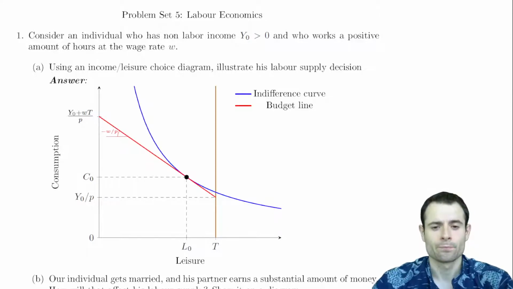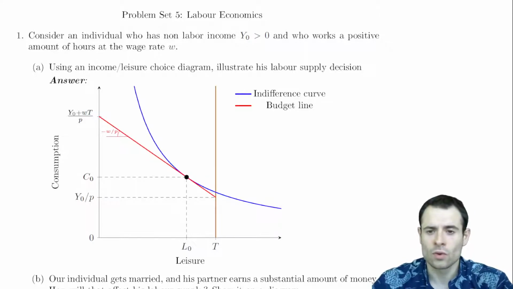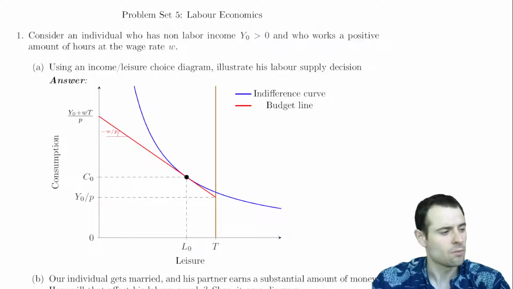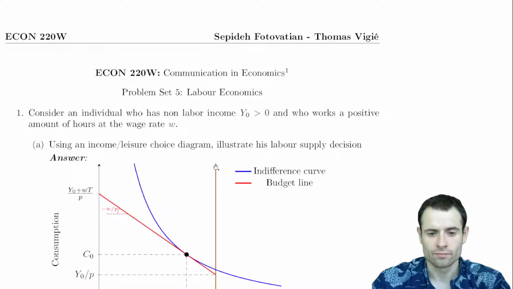even if he doesn't work. One of the requirements of the question says that he works a positive amount of hours at the wage rate W. So there is going to be an interior solution where an indifference curve will be tangent to the budget line. The objective of our individual is to maximize his utility by looking for the highest possible indifference curve.